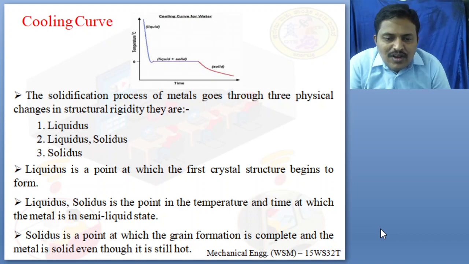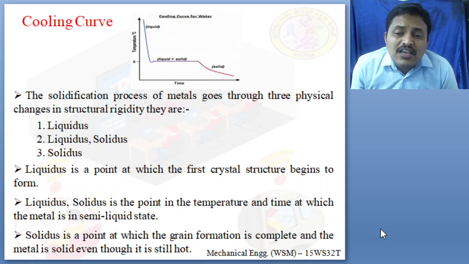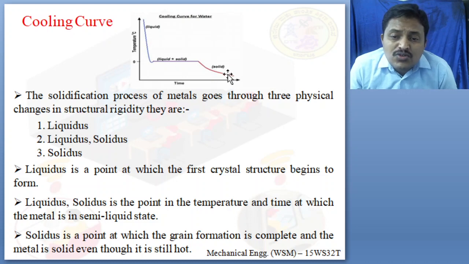At this stage we call it the semi-liquid stage. You can also call it the intermediate state. The last stage is known as the solid stage. Here you can see that from liquid-solid to solid state, it will be 50% solid and 50% liquid at this stage. With further cooling, as time elapses, you form a solid metal.